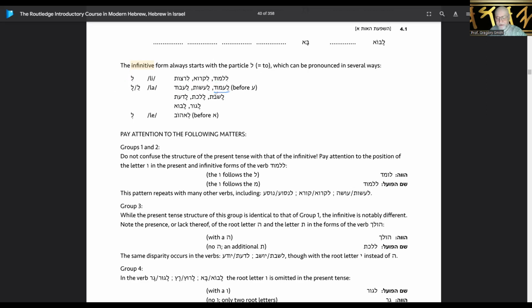Let's take a look at these various words. Anytime you are studying Hebrew, make sure you have Google Translate with you to help you with some of these words. La'amod means to stand. And then we have la'asot.